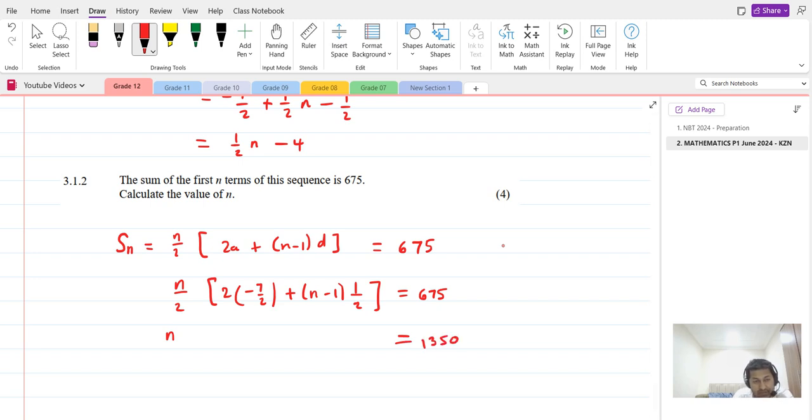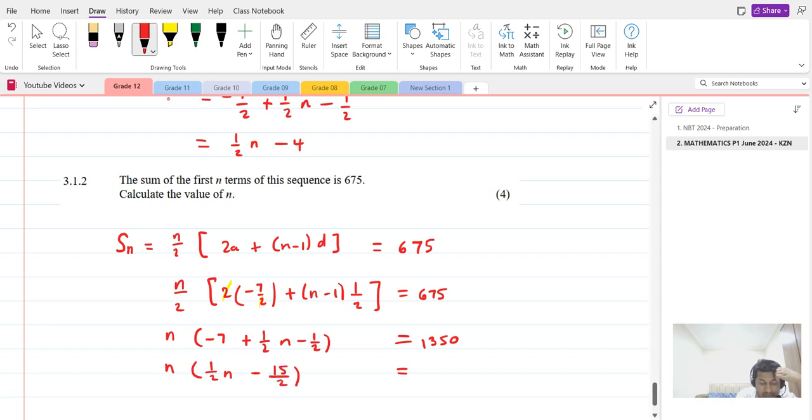So the 2 and the 2 cancel out inside here. So in the bracket I've got minus 7 plus half n minus half. So I've got n into half n, minus half minus 7 is minus 15 over 2.